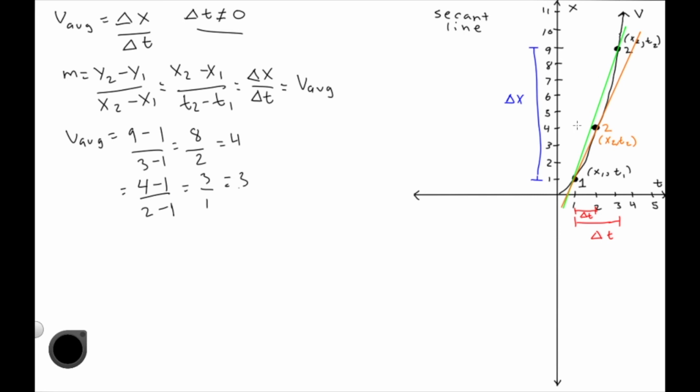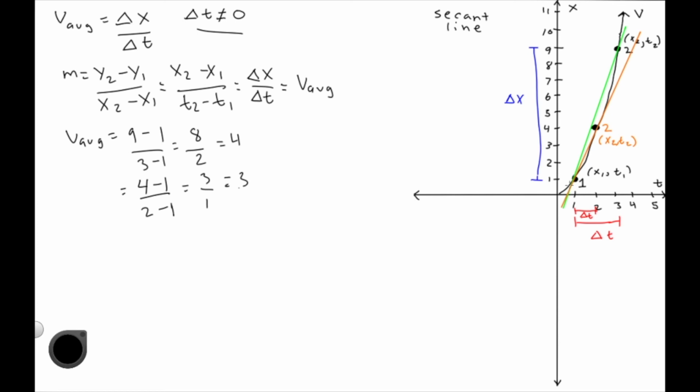And so we make an approximation and say that the distance between point 1 and point 2 is going to be 0, right? So let's say that delta t is really, really small, so that it's really close to 0. Point 2 is now going to be somewhere over here, really close to point 1.